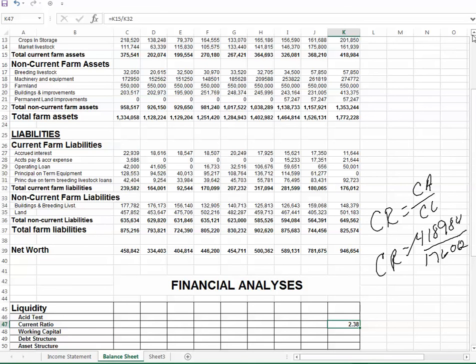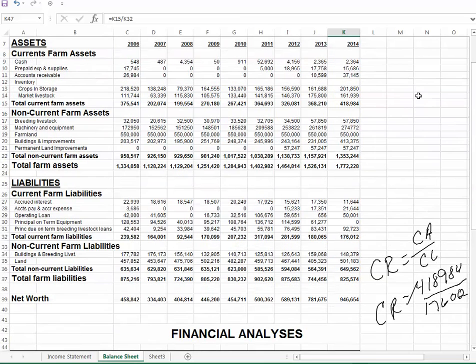That same farm might have faced very low commodity prices the past year and simply did not generate enough revenue or does not have enough current assets, in other words, cash or things in storage or things ready to be sold, to cover his current liabilities. For example, he might not have enough dollars to pay his operating loan. So down under current liabilities, he's got an operating loan balance because he didn't have enough cash to pay it. That would be a liquidity problem.